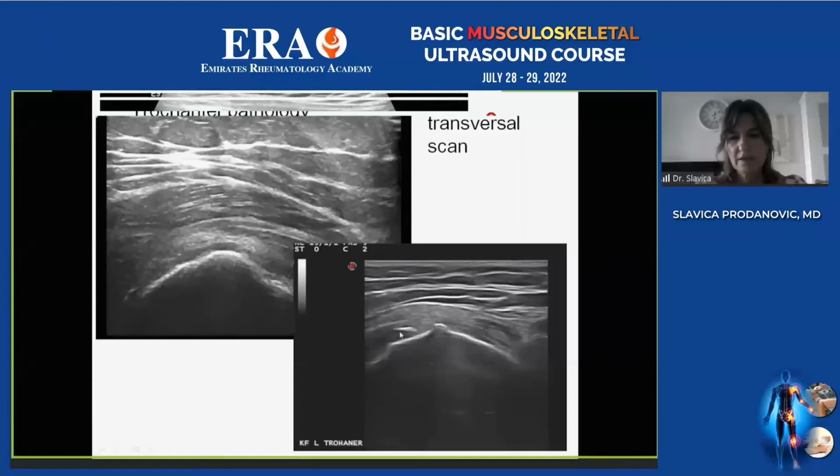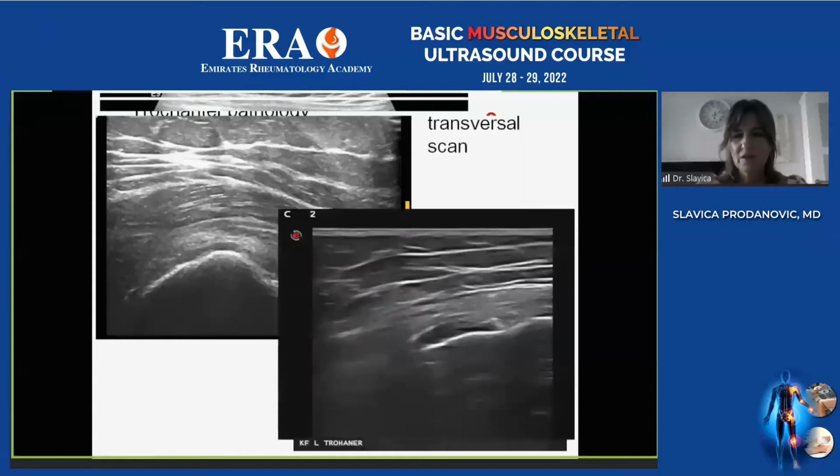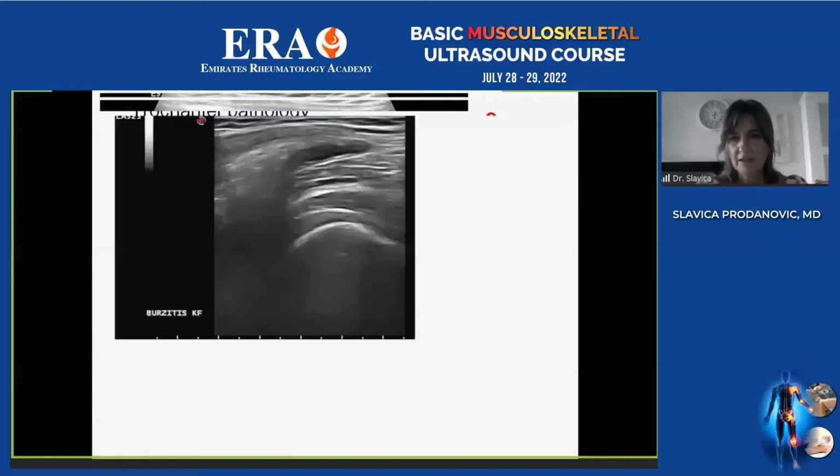You may see some small calcification at the level of the greater trochanter and some anechoic structures around the bony surface. So this anechoic structure belongs actually to the peritrochanteric bursa, as you may see on this image as well.